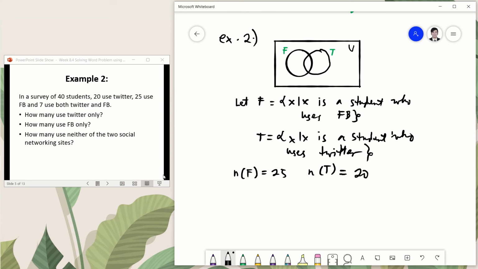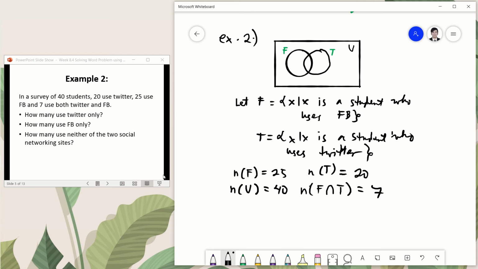And then we know that the universal set has 40 students being considered. And the intersection between the students who use both FB and Twitter, represented by the intersection of F and T, is 7.